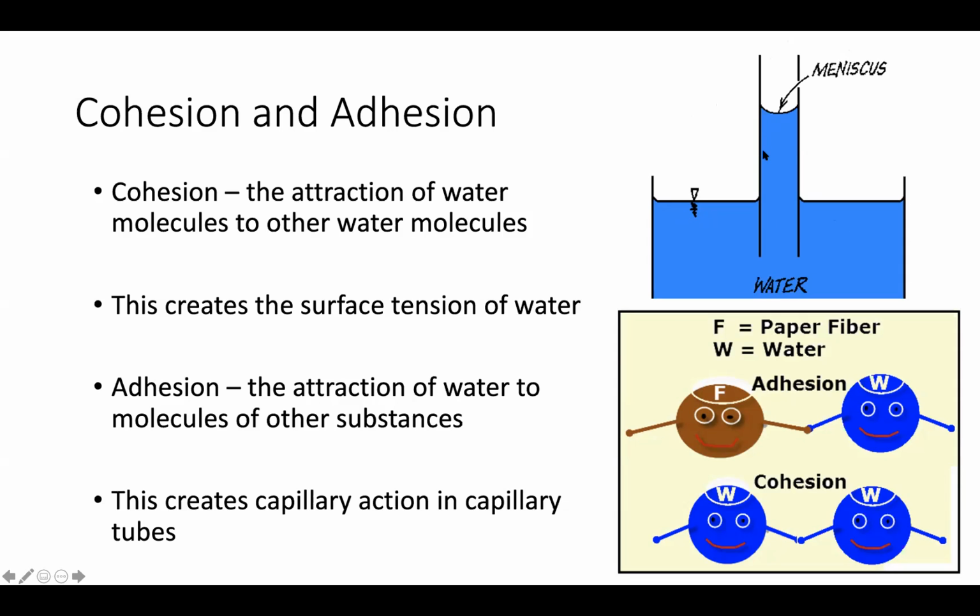So water starts to move from the roots of the plant up to the leaves of the plant. Make sure you know that capillary action is partially responsible, or it helps move water from the roots to the leaves.